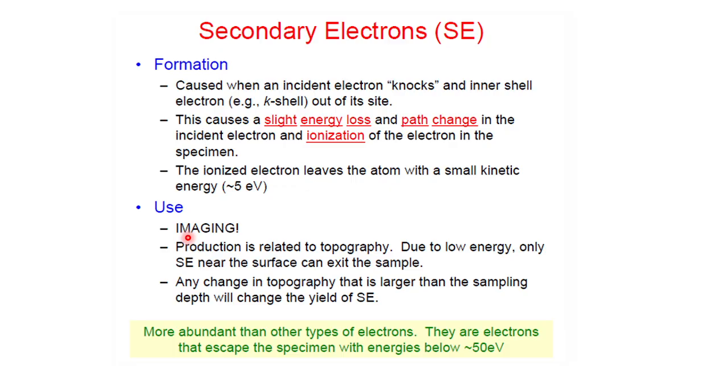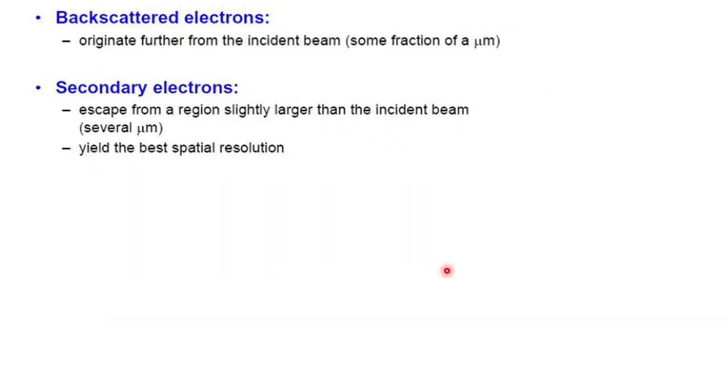Now, what is the purpose? We detect the secondary electron to create an image, and it is related to the topography due to the difference in energy. Based on the difference in energy, it will create a different array to form the image. Only secondary electrons near the surface can exit the sample. So if you detect the secondary electron, you will get maximum data from the surface only.